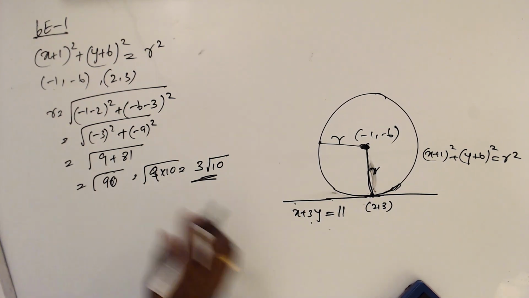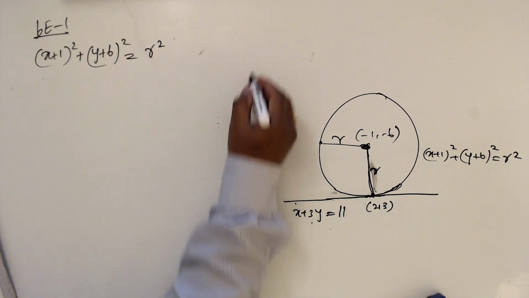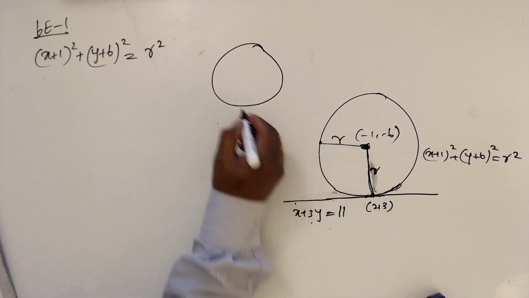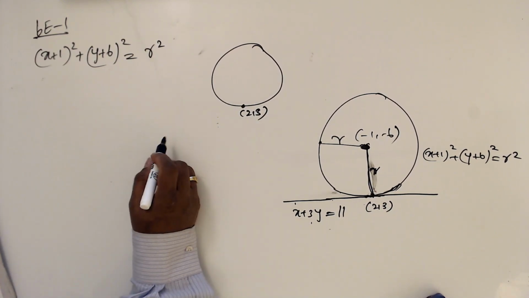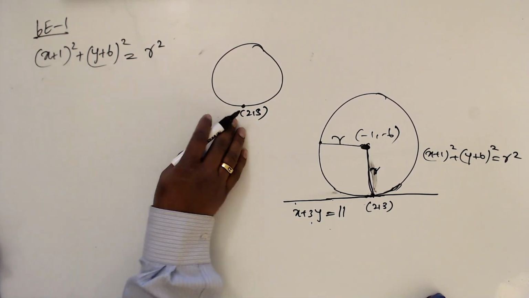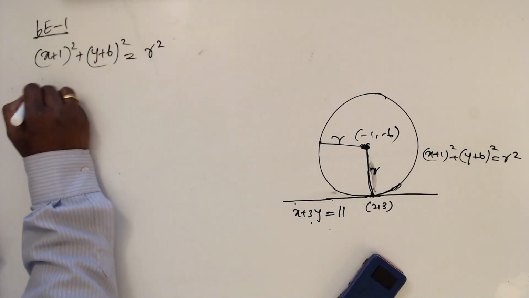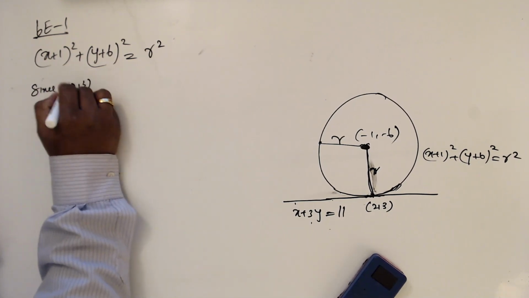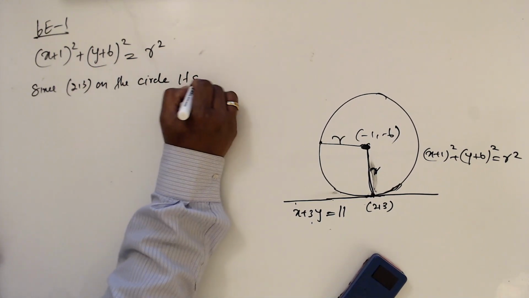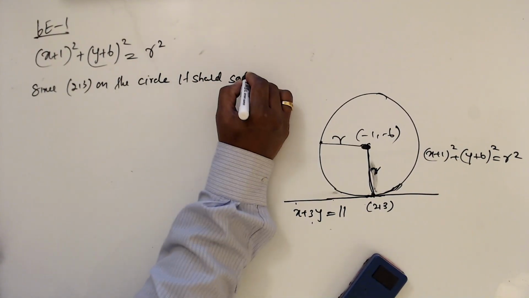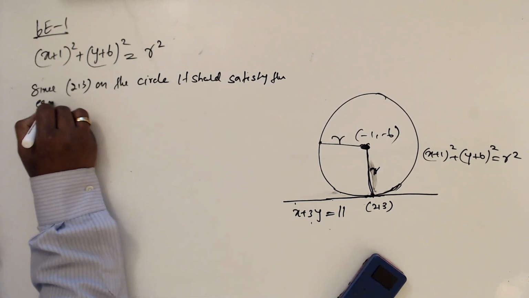Also, you can work differently. You can find r differently. When you take the same circle, the point (2, 3) is on this circle, so you can substitute. It should satisfy this equation. You can work both ways. Since (2, 3) is on the circle, it should satisfy the equation.